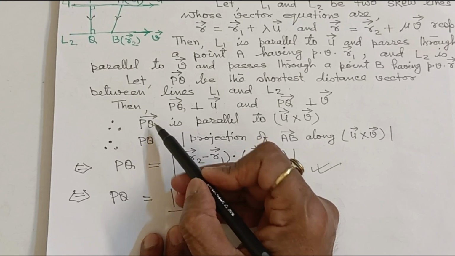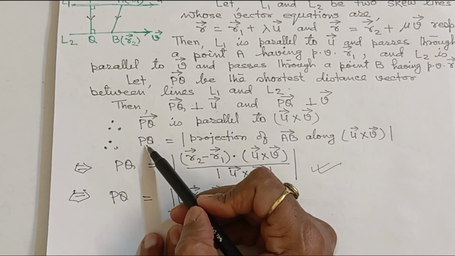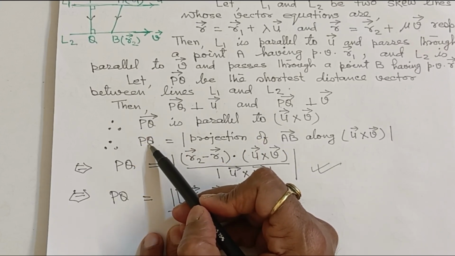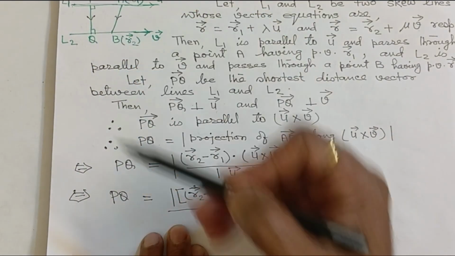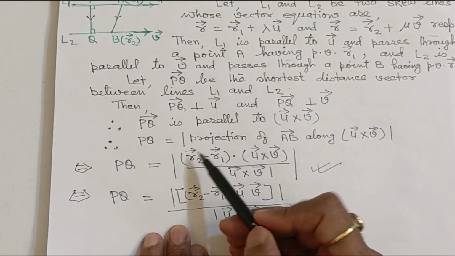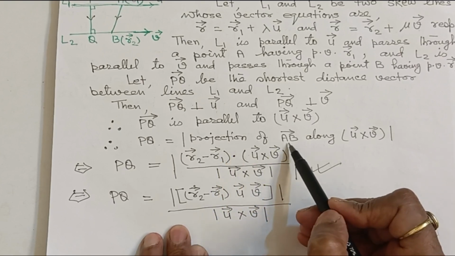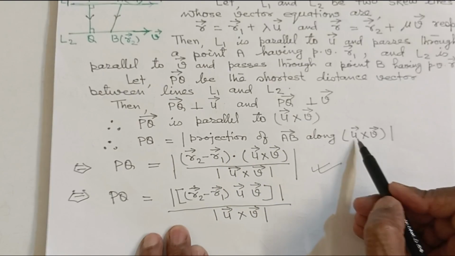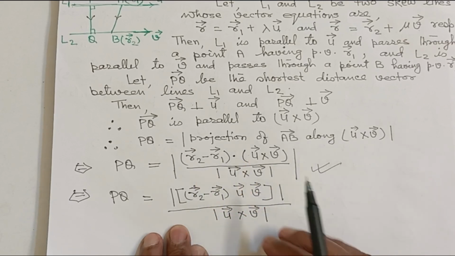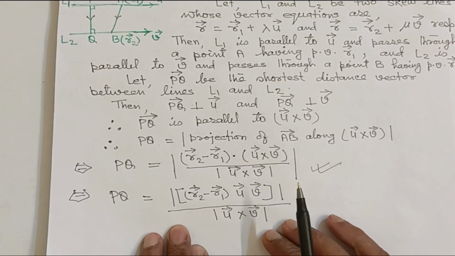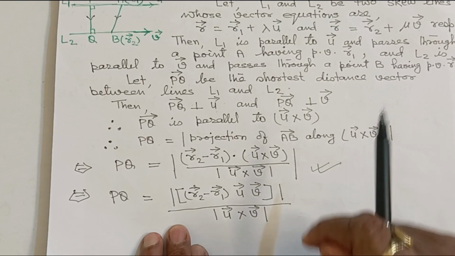Therefore, PQ is not a vector here. PQ is a scalar, the length of PQ. PQ is equal to the projection of vector AB along vector u cross vector v. What is the real meaning of projection?